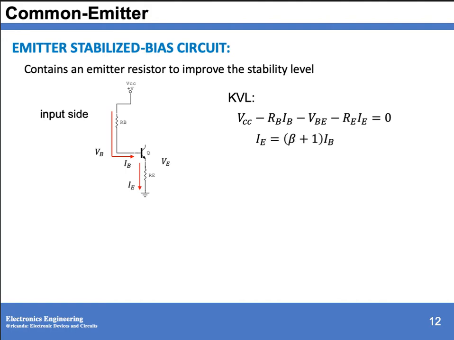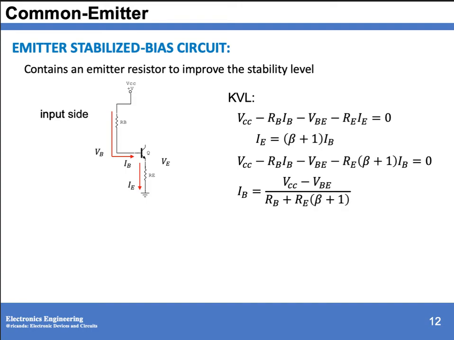And remember that IE is equivalent to beta plus 1 IB, and we have to substitute this to your equation. So therefore, we have VCC minus RB IB minus voltage base-emitter minus RE times the quantity of beta plus 1 IB. Solving for IB, we have VCC minus voltage base-emitter over RB plus RE times beta plus 1.